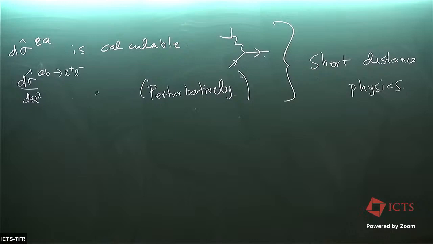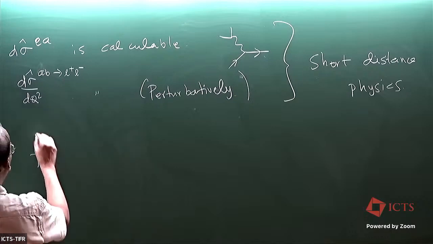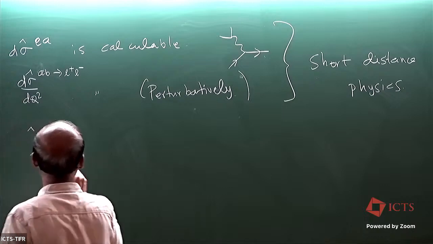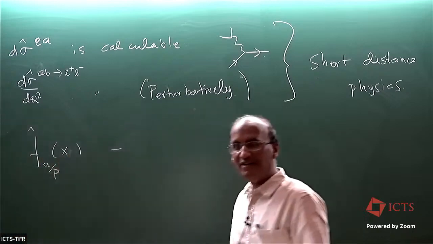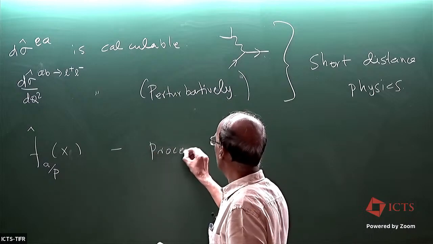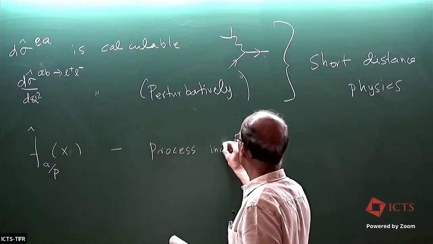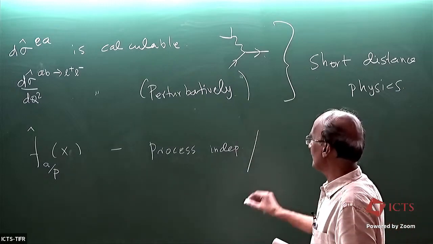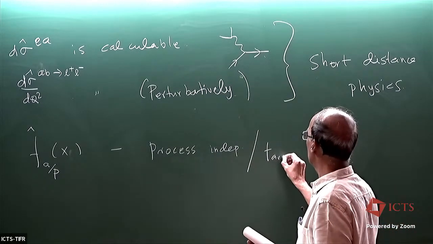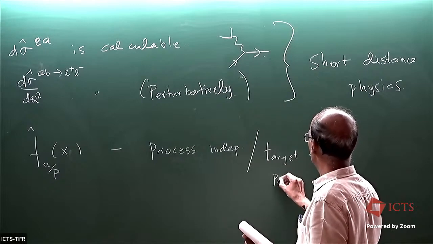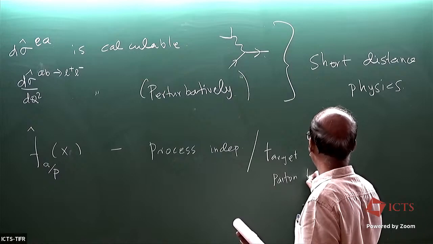Okay, so in some sense, this F at A, x1, P, this PDF is process independent, but target dependent, parton type dependent.